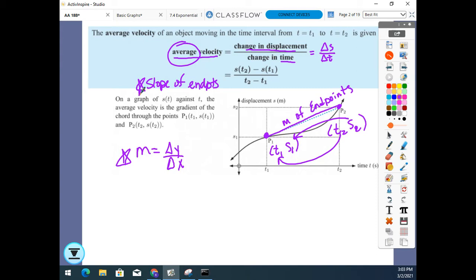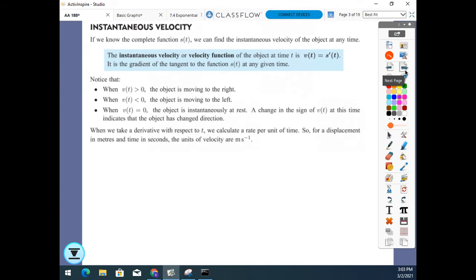Now, your average velocity when you drive to Cedar Rapids is much different than your instantaneous speed. Like when you're passing the Brandon exit and you look at your speedometer, how fast are you going at that exact moment? Your instantaneous speed is different from your average speed. Your instantaneous speed, your velocity function, is the derivative of your position function.